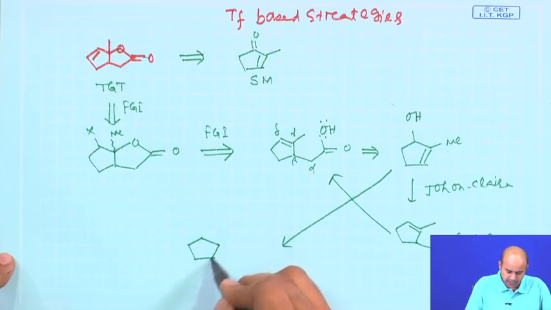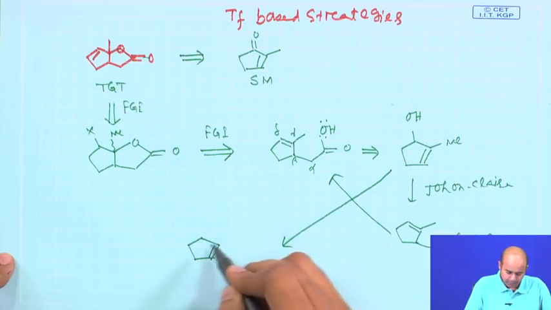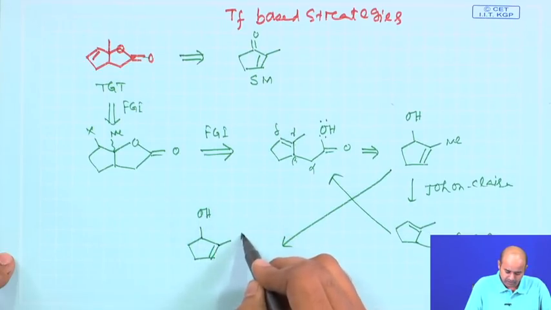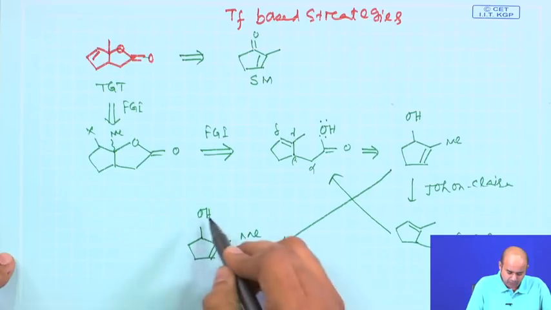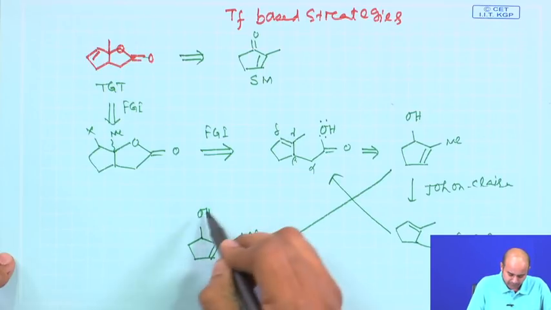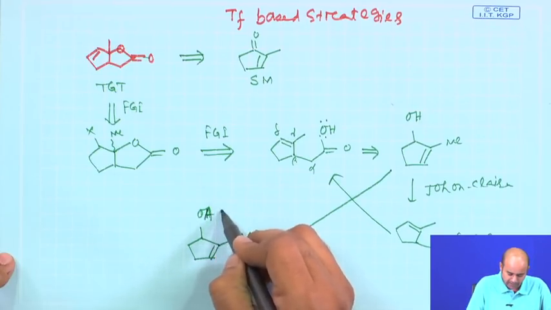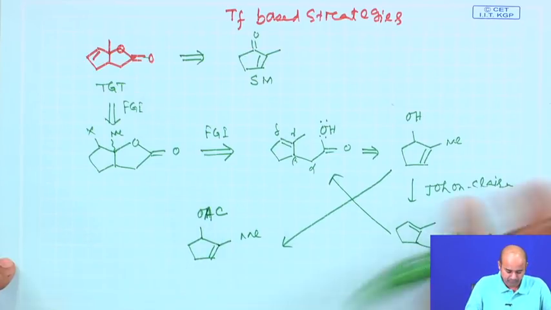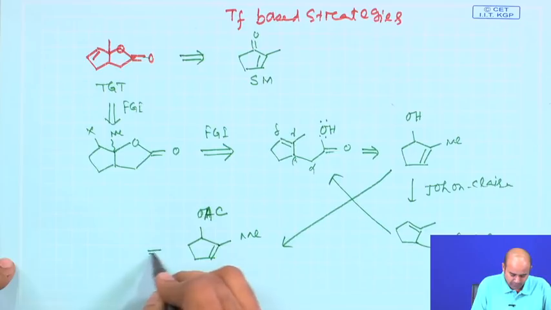This is the reaction we will now be discussing. You take the corresponding allylic alcohol and put it as an acetate. Now, what is acetate?